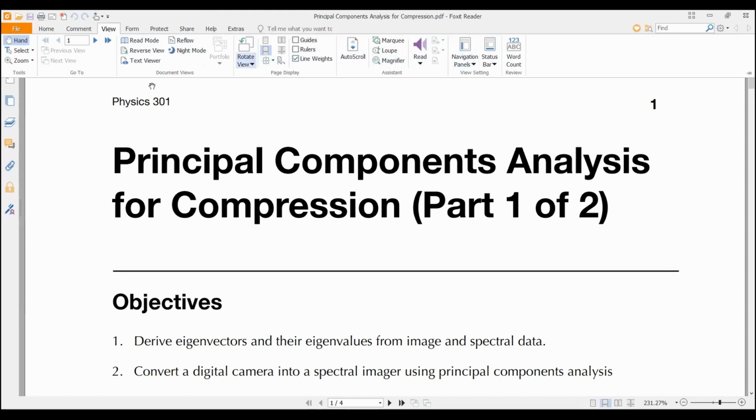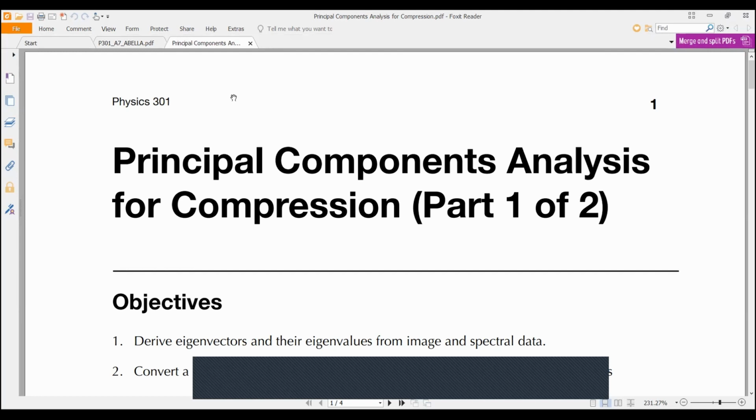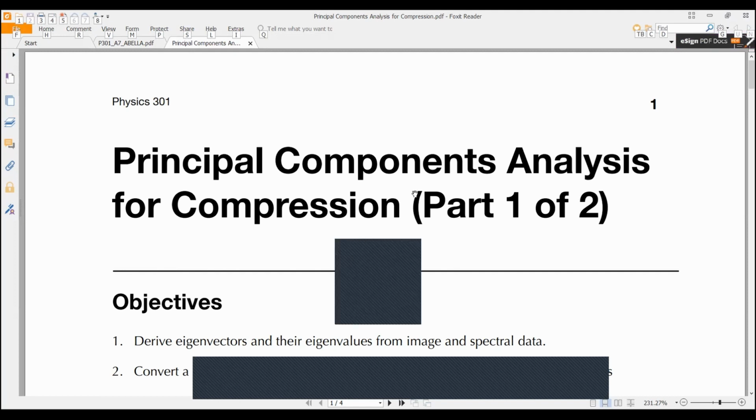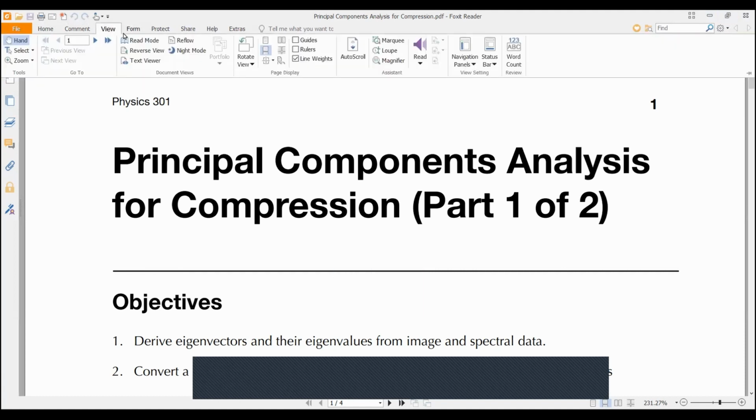Control J ba? Nope. Hindi man F11. Okay. What happened? Ay! Ayan. Wait lang ha. Wait a minute. Just a moment. View.